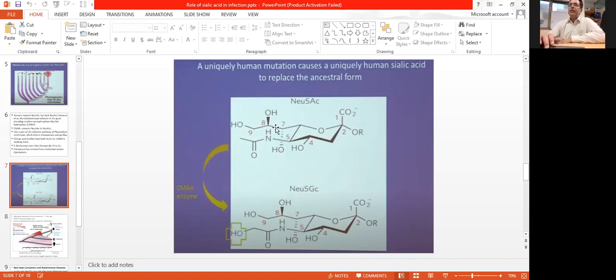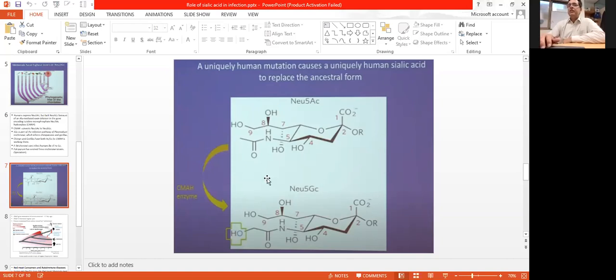Now if you look at the structure of these two, you would find these different groups at the same places in both of them. Look at the carboxyl or hydroxyl groups at different positions; you would find almost all of them at the same positions. And the difference between these two is just an addition of a hydroxyl group here.